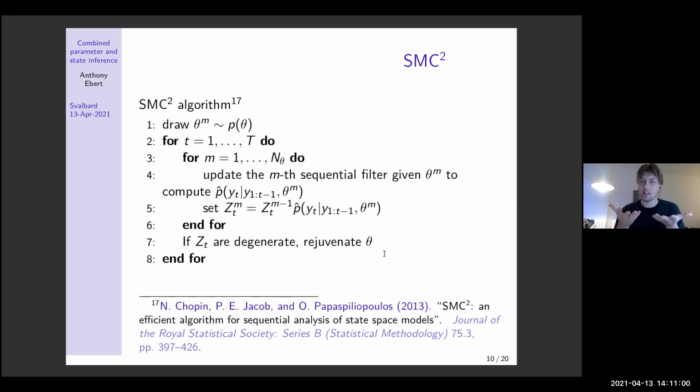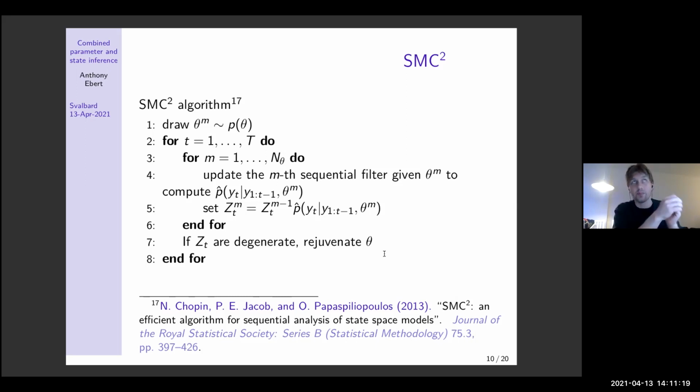But basically the idea is that we propose a whole set of fixed parameters, and then associated with each fixed parameter is a set of proposals of the state, and then those state proposals are forward simulated.